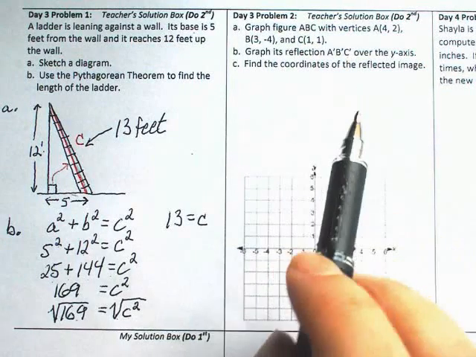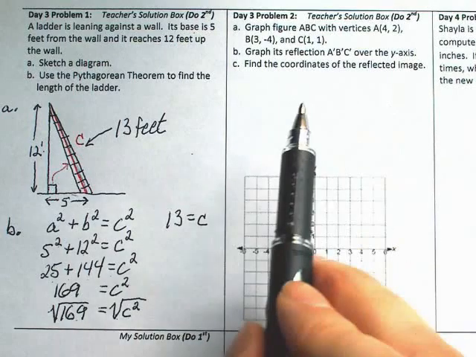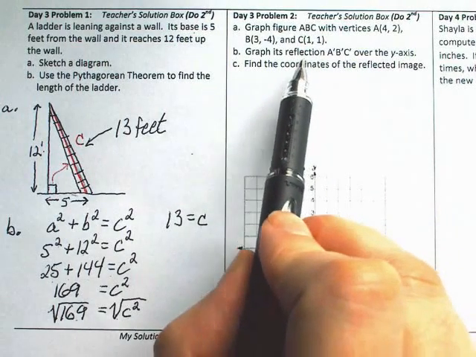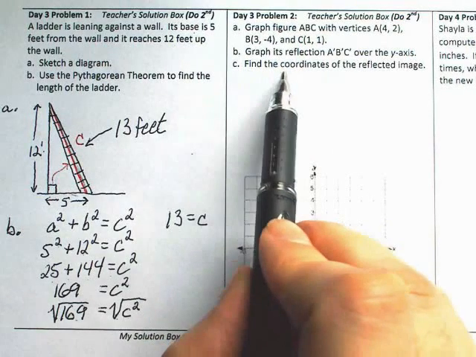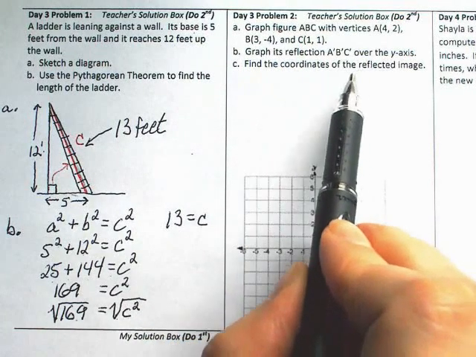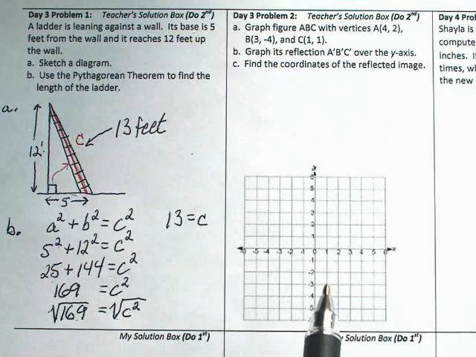So we're going to do something to that triangle to transform it and then redraw what it would look like after reflecting it. And then in part C, find the coordinates of the reflected image. So once we've redrawn that triangle, what are the coordinates of its vertices?